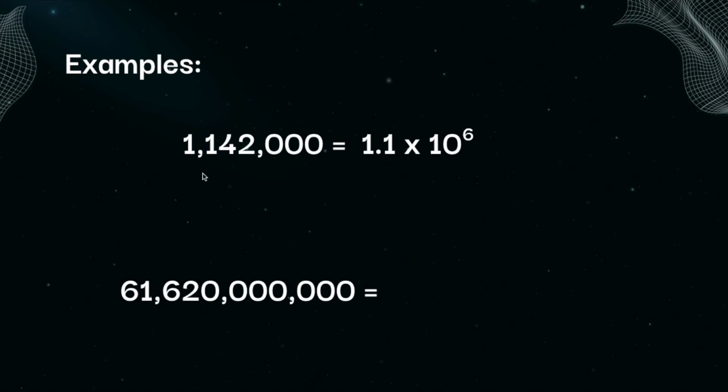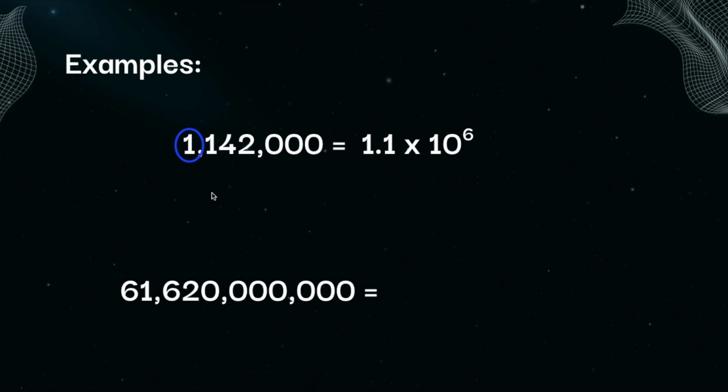So let's take some of the numbers we were seeing earlier. This is quite a big number, and we know that the coefficient has to be less than 10. So what we do is move the decimal point all the way over to the number that will be less than 10.